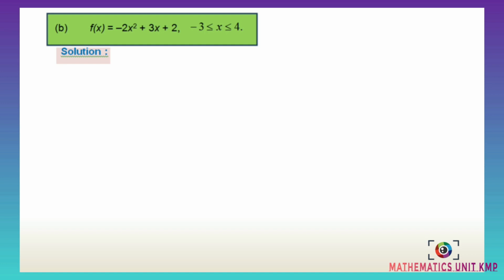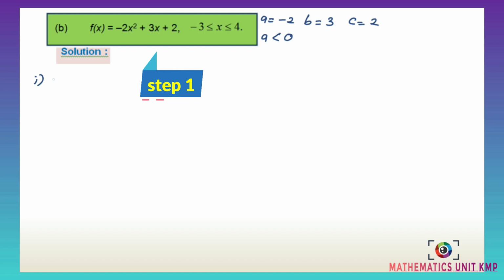We can state the values a equals negative 2, b equals 3 and c equals 2. A is less than 0, which means the function has a maximum. To sketch the graph, we state the maximum point at (x1, y1).